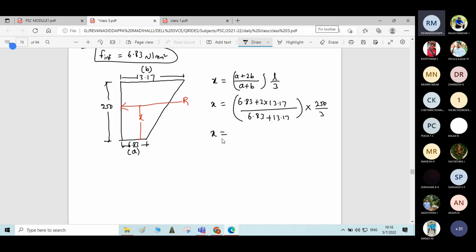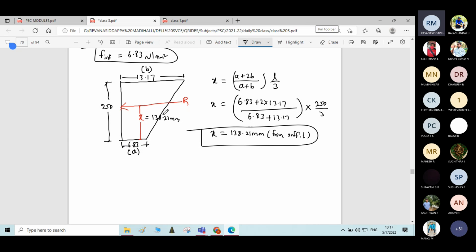By this you will get the value of X. If you calculate, it is 138.21 mm from the soffit of the beam.